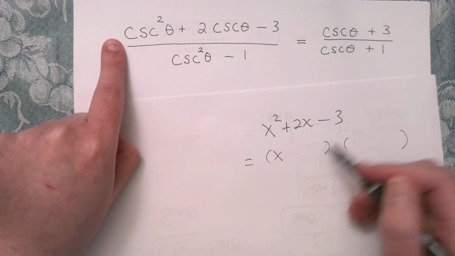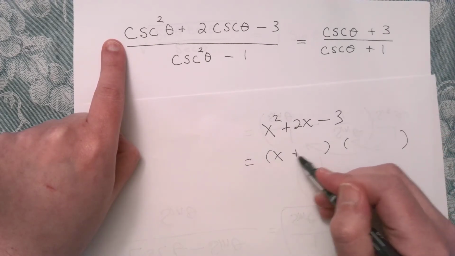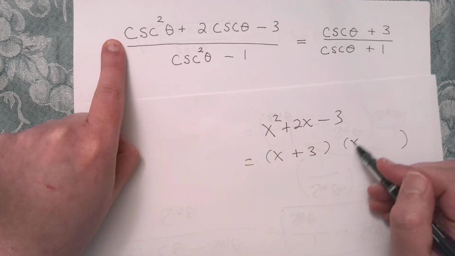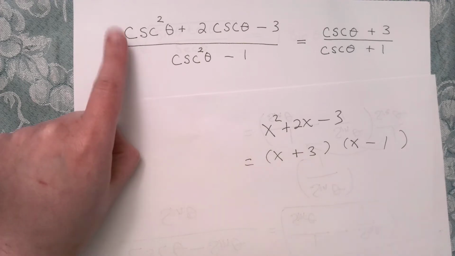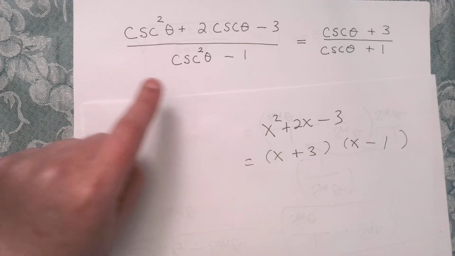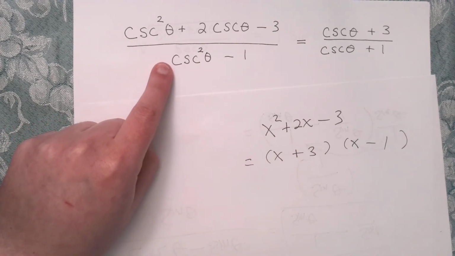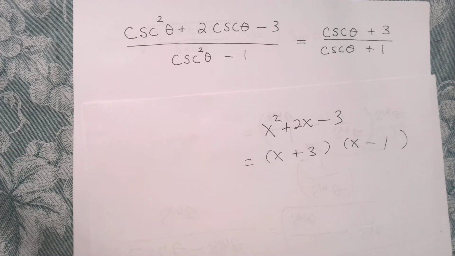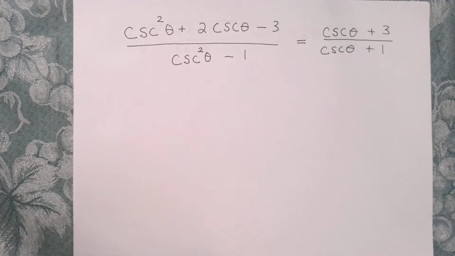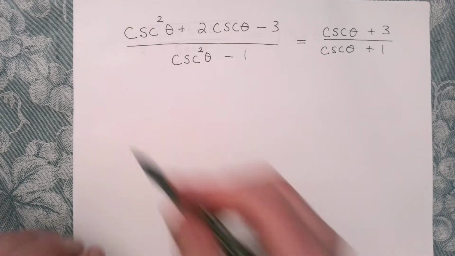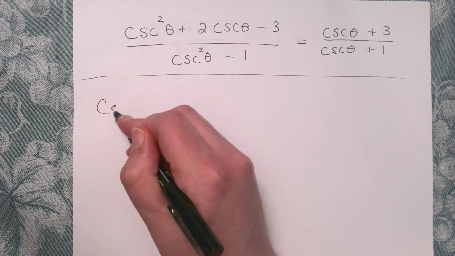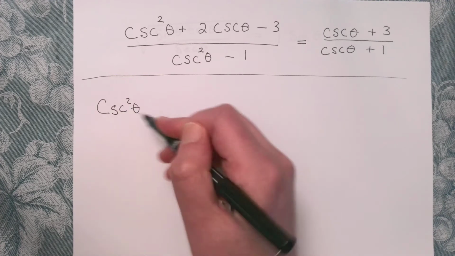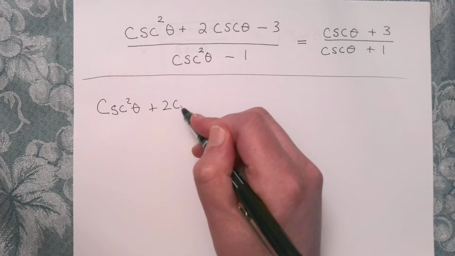And so I'm thinking, I don't know, x plus 3, x minus 1. Maybe we could apply that thinking here. And then downstairs in the denominator, maybe I could factor that as well. So another option when dealing with trig identities is factoring. Okay, let's see what's up here. So I chose to work with the left because it's more complicated and it gives me more to work with.